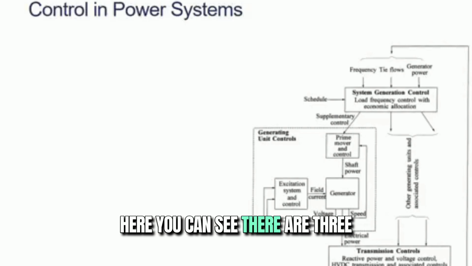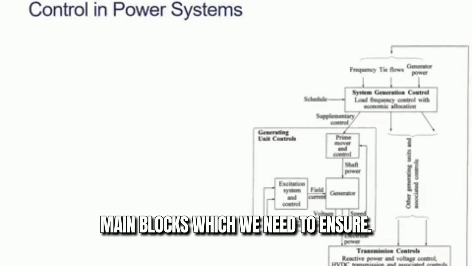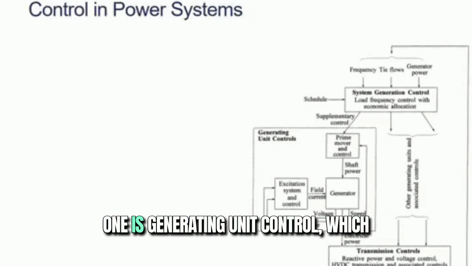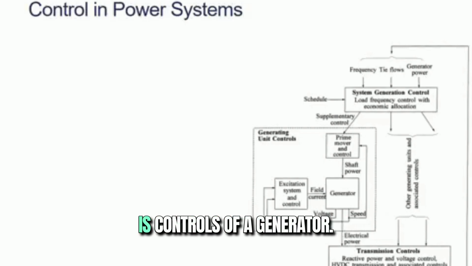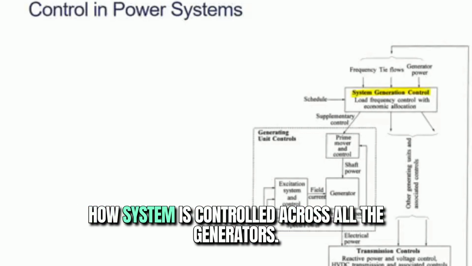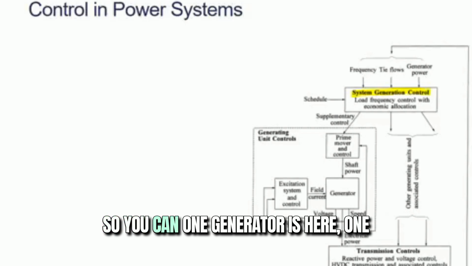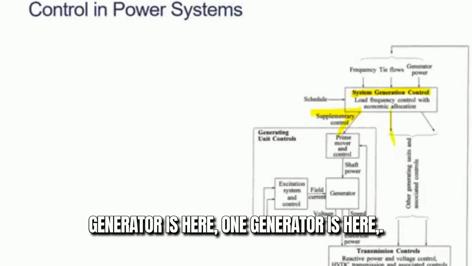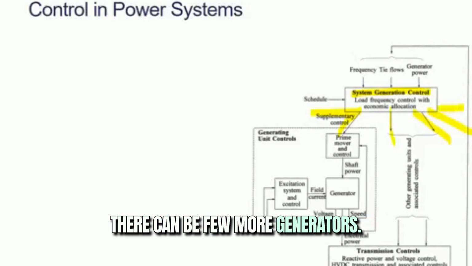Here you can see there are three main blocks which we need to ensure. One is generating unit control, which is the controls of a generator. You have a system generation control, which is basically how the system is controlled across all the generators. So you can have one generator here, one generator here, one generator here, there can be a few more generators.